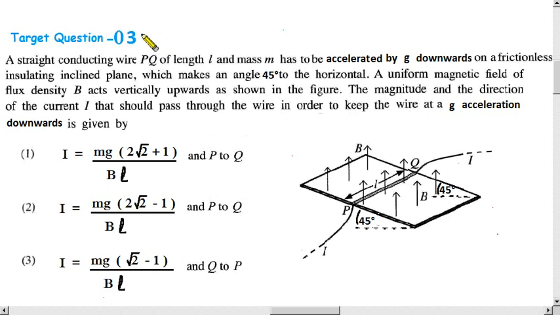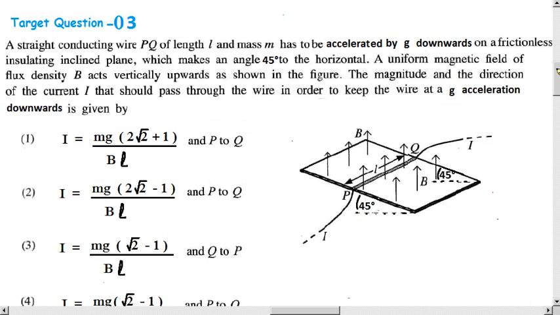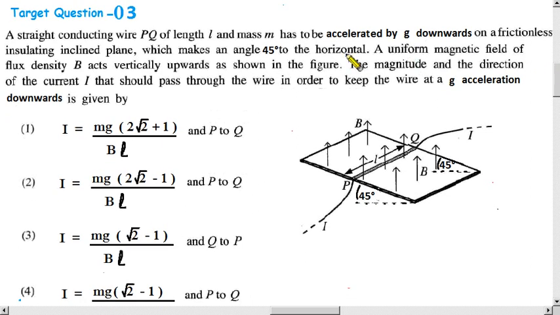So children, here is our target question number 3. Let us do it as previously, without looking at my answer. Pause the video and try. A straight conducting wire PQ of length L and mass M has to be accelerated by g downwards on a frictionless insulating inclined plane which makes an angle of 45 degrees to the horizontal.